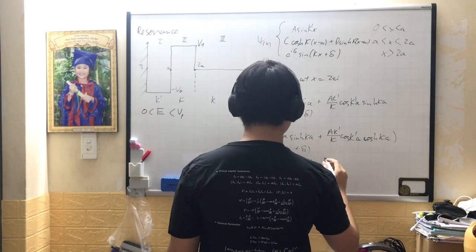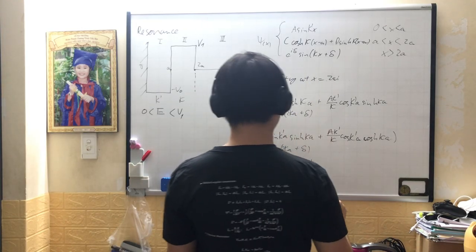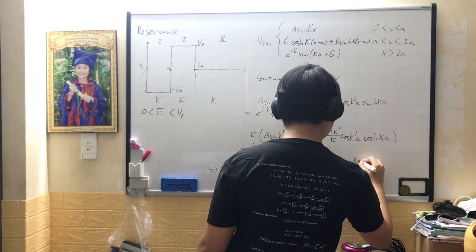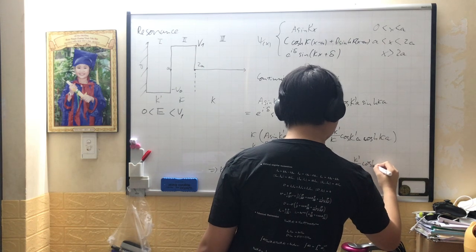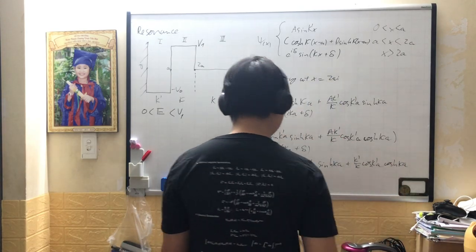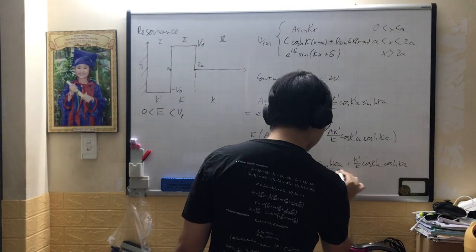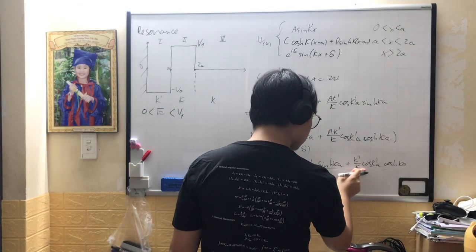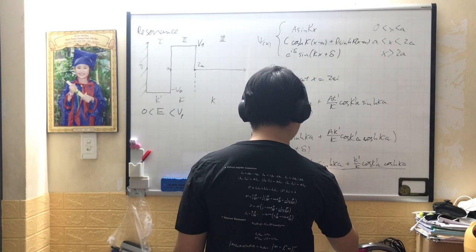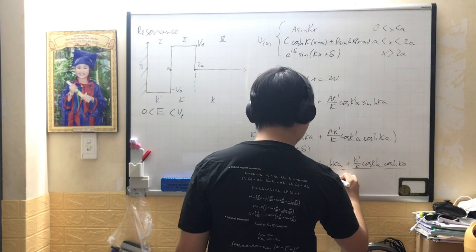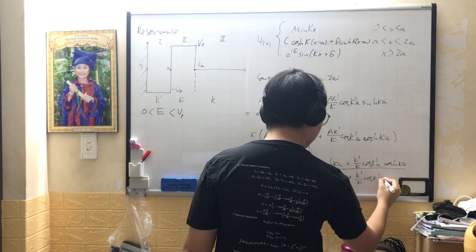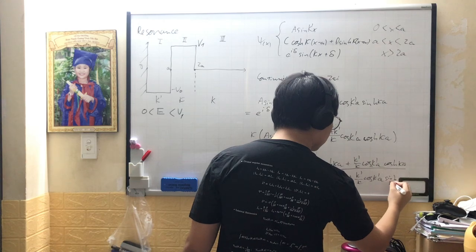Divide this up, which is sin k prime a cosh kappa a plus k prime over kappa cos k prime a sinh kappa a divided by sine k prime a sinh kappa a plus k prime over kappa cosine k prime a cosh kappa a.